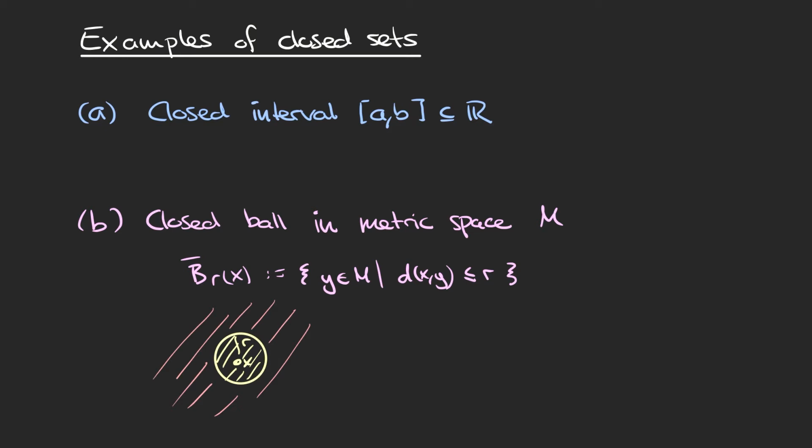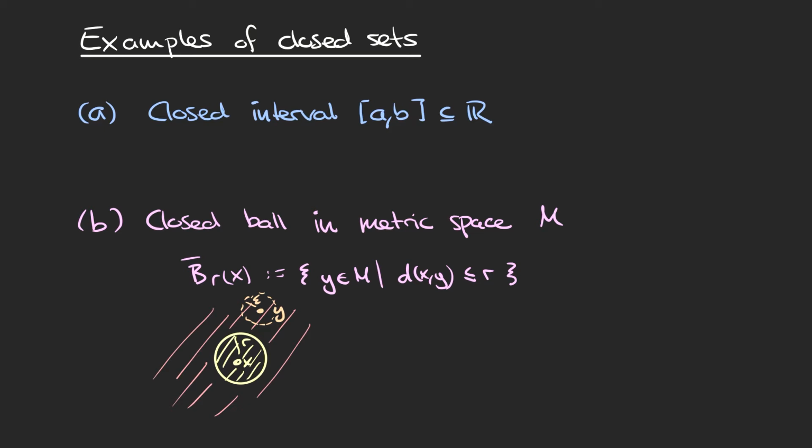Now what does it mean for the red set to be open? Well, we're considering the usual topology on the metric space, so by definition, it means that if we take any point y in the set, then we have to be able to find a small ball of radius epsilon around that point that still completely lies within the set. And if we can do this for any point in the red set, then the red set is open, which by definition means the yellow set is closed. Okay, so what do we know?